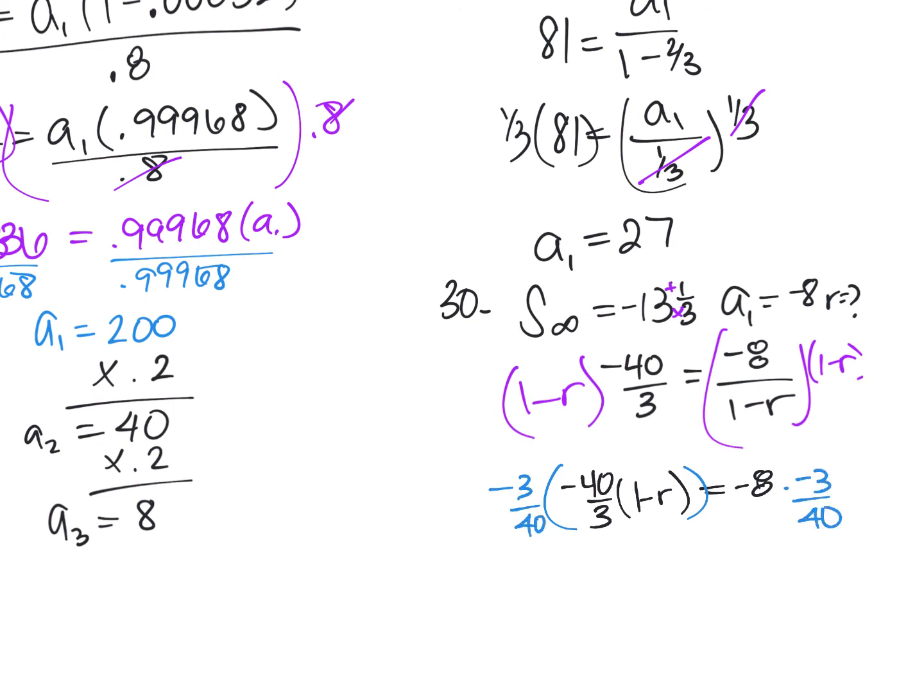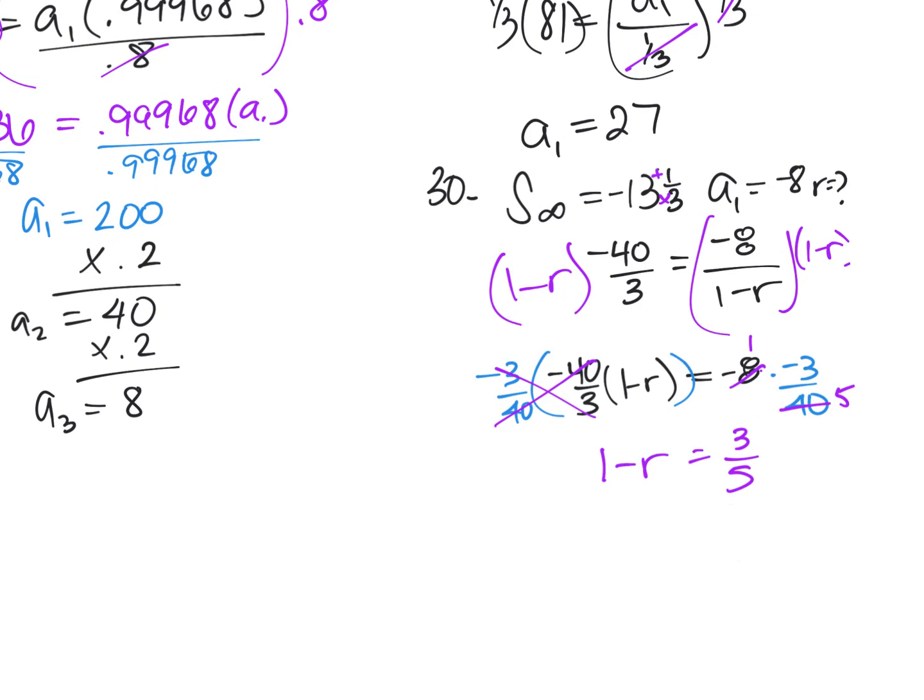We're going to cross cancel 40 and 8. 8 goes into 8 once, and 8 goes into 40 5 times. So 1 minus r, because those cancel, equals negative, and negative is positive 3/5. And then if 1 minus r, subtract your 1, negative r is equal to negative 2/5. Remember that 1 is 5/5, and 3/5 minus 5/5 is negative 2/5, so r is positive 2/5.